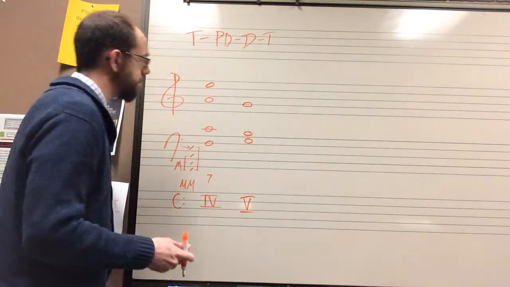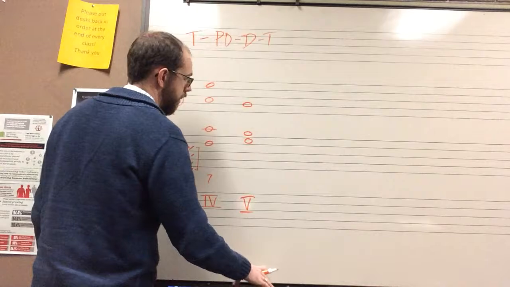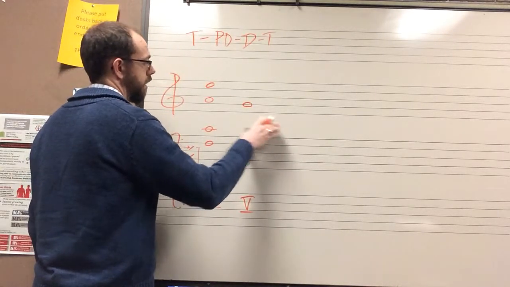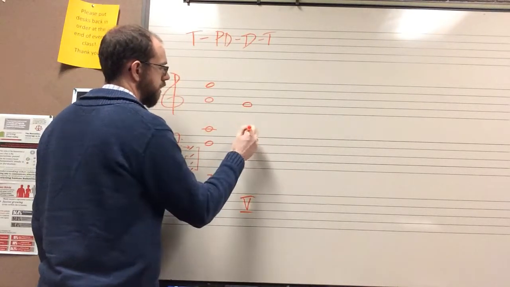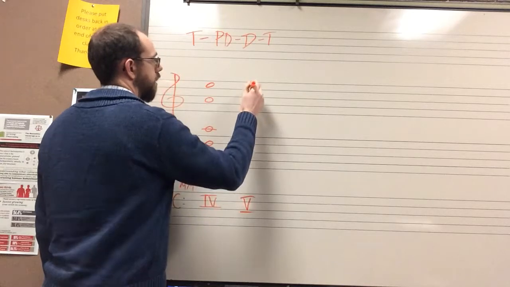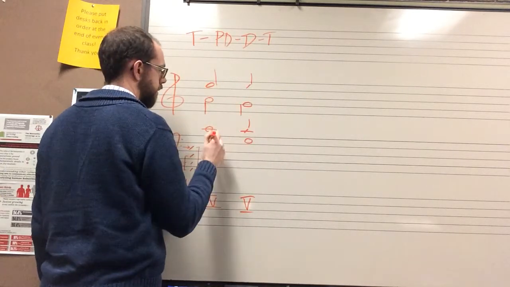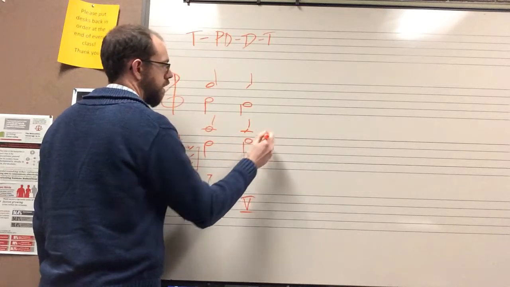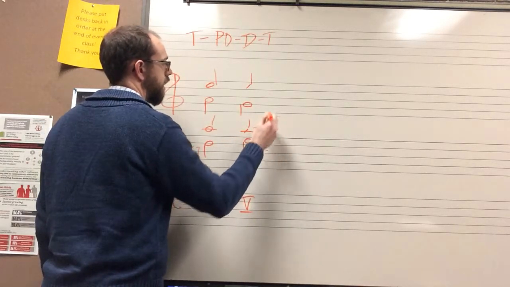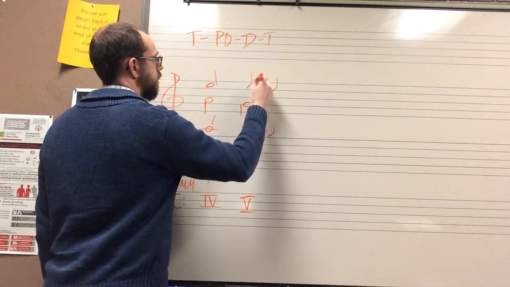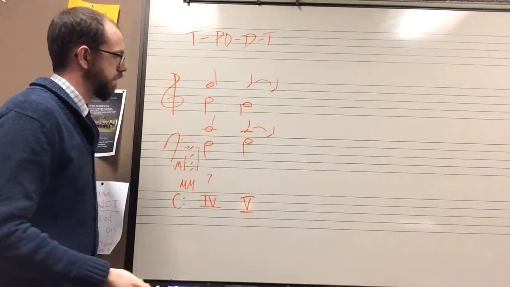We don't want to double the leading tone because it has somewhere in particular it needs to resolve. Okay? So, one of the things that composers did, instead of resolving immediately, they chose a cadential 6/4 to 5/3.